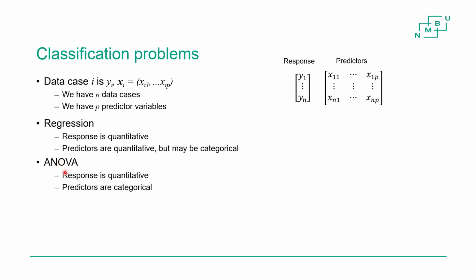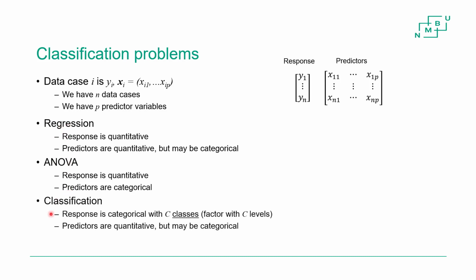When we talked about ANOVA, the response was still quantitative, but the predictors are only categorical, whether it's fixed models or mixed models. And regression can also be fixed or mixed models, of course.